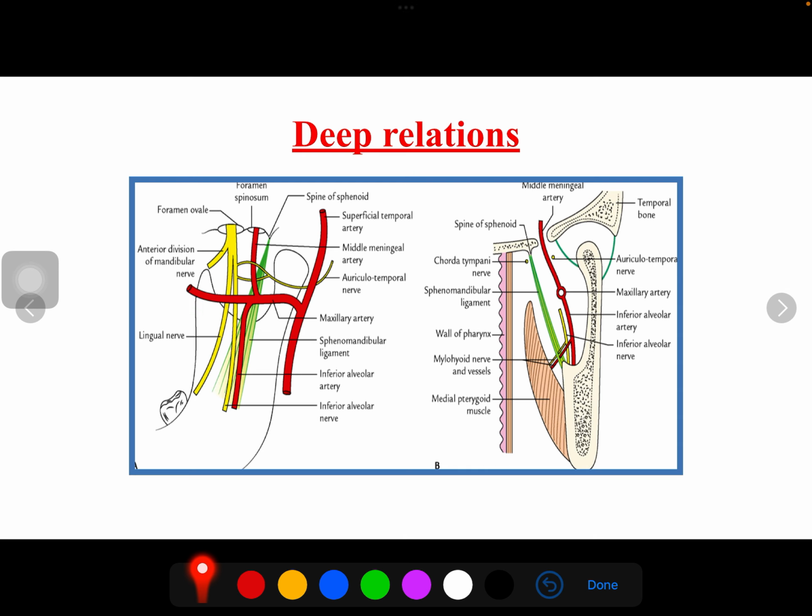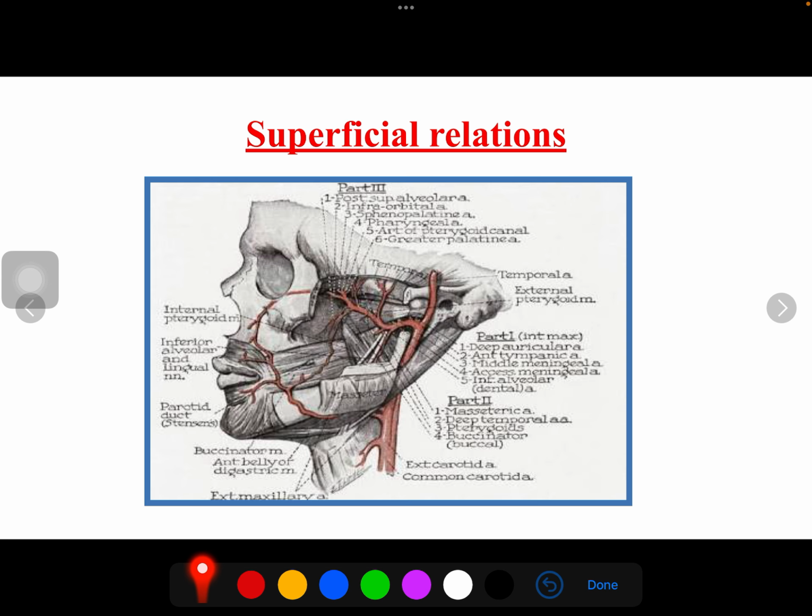The next one, that is the deeper relation of lateral pterygoid muscle. The deeper aspect of the lateral pterygoid muscle is related by mandibular nerve, middle meningeal artery, then sphenomandibular ligament and the deep head of the medial pterygoid muscle. That's all about the deep relation. Then the last one, the superficial relations.